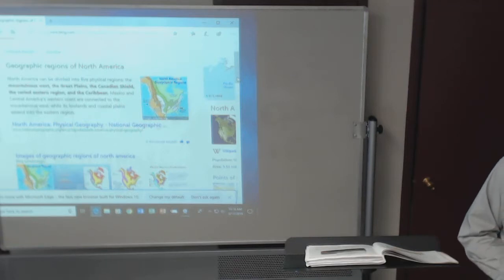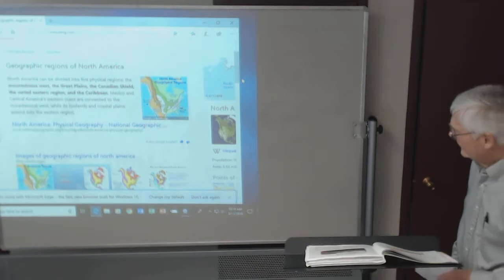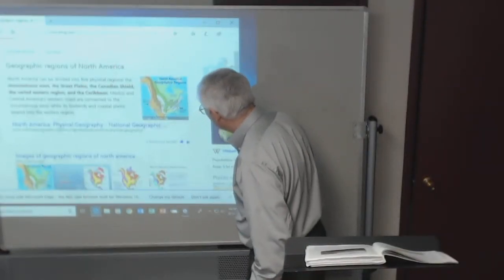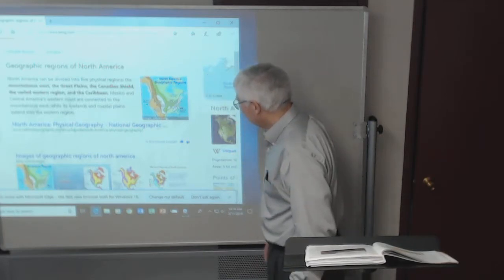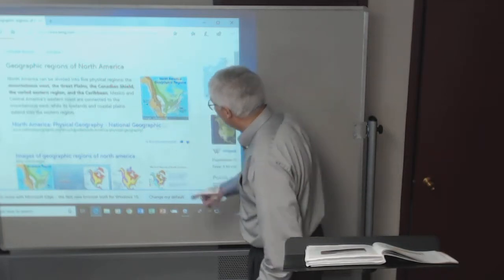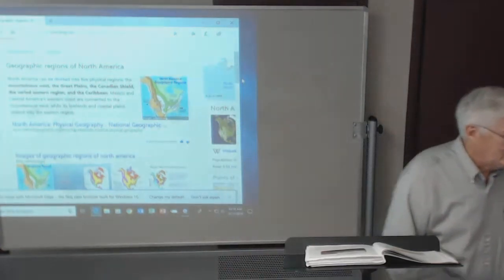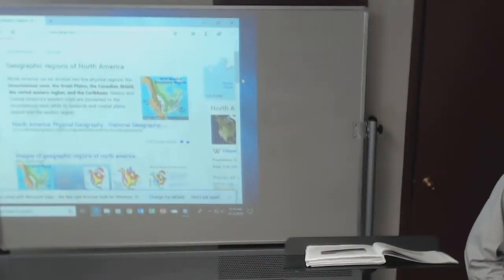So which region do you live in? You don't know. The picture's not big enough. Can you tell by looking at that little picture which region you live in? There's the Great Plains. What is this called? The Canadian what? The Canadian Shield?